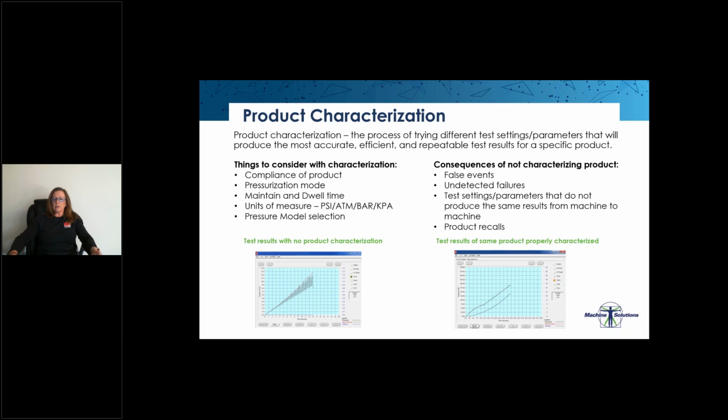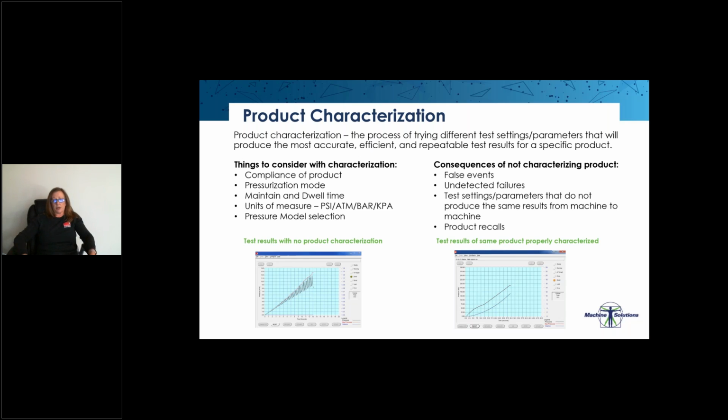The customer set the burst and leak detection too low in order to ignore this instability in the ramp to achieve a target pressure. However, this led to undetected failures as well as test results that did not match from one machine to another.